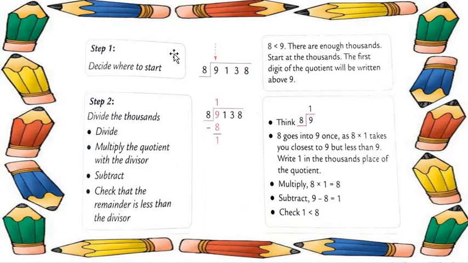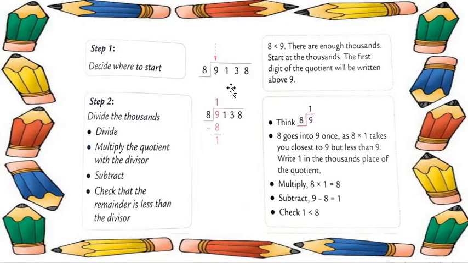Decide where to start. Okay, I told you, all students, multiplication we start from our right side, but division we always start from our left side. So decide where to start. And one more point, all students: how many digits are we taking there?